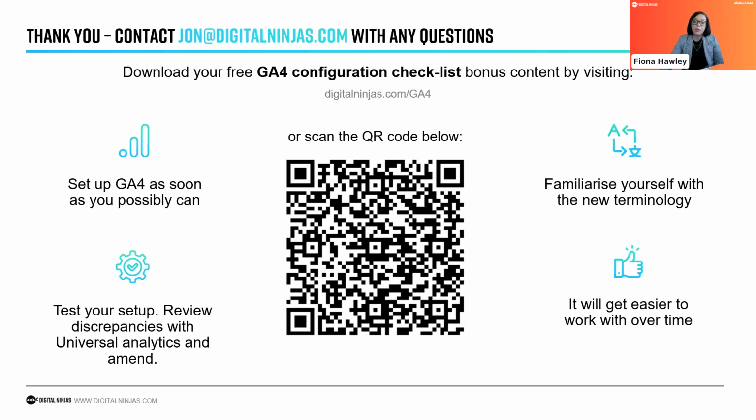Test your setup, review discrepancies with Universal Analytics, and amend any tracking configuration before you no longer have anything to compare it with. Remember, this is July 1, so it's really, really close. And finally, don't be afraid. Everything will get easier over time. As with anything new, the more experience you have, the easier it will become.